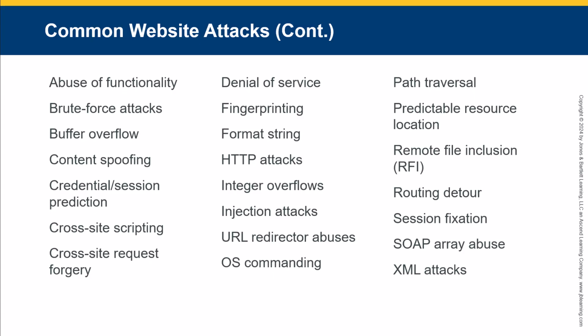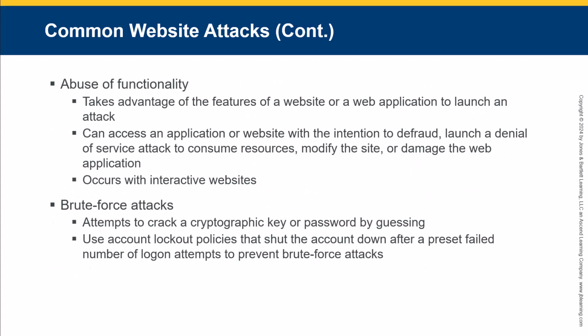Common website attacks. I'm not reading the entire list, but brute force, buffer overflow, formatting attacks for XML, OS commands, URL redirect abuse, things like that. Abuse of functionality takes advantage of a feature of a website or web app to launch the attack.